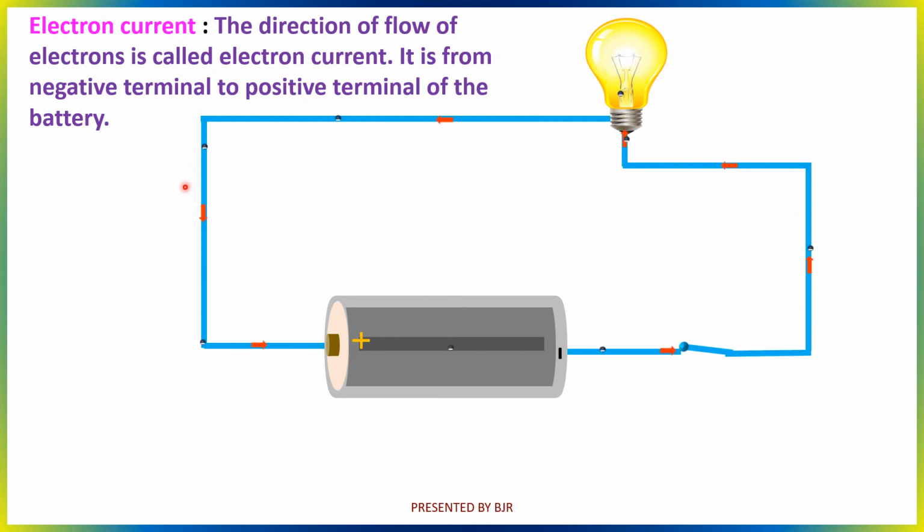Here I am taking the direction of electrons as the electron current. The direction of flow of electrons, I am taking it as the electron current. So these arrows are moving along the direction of the movement of electrons. So from negative to positive terminal. This is the direction of electron current.